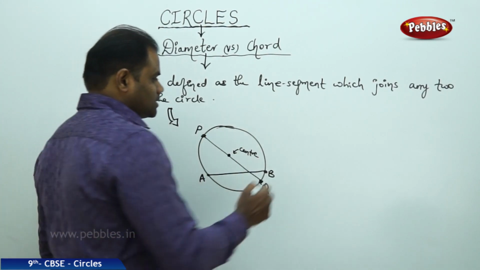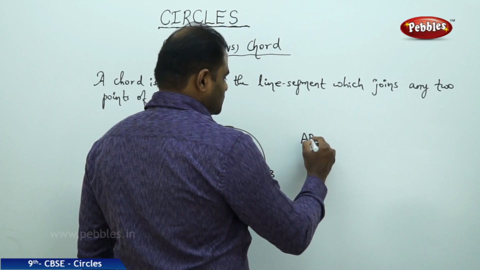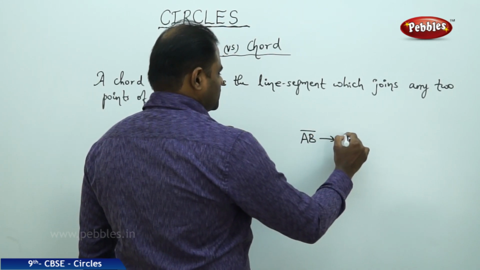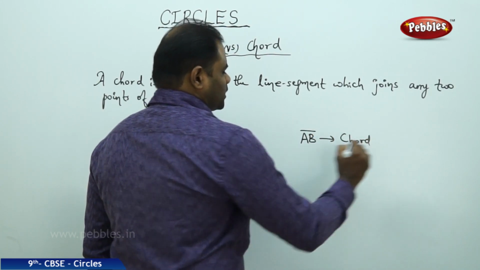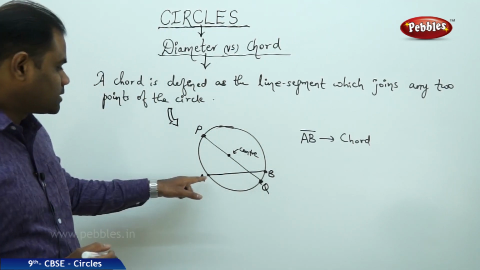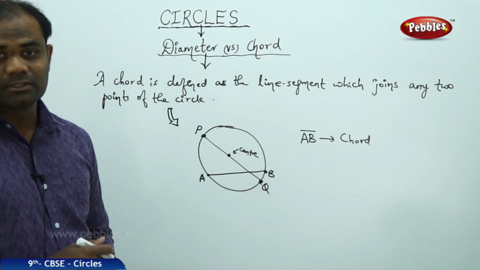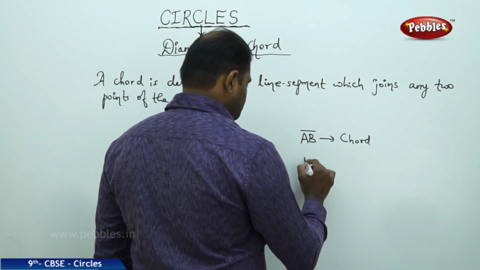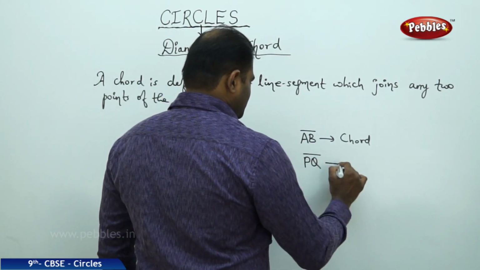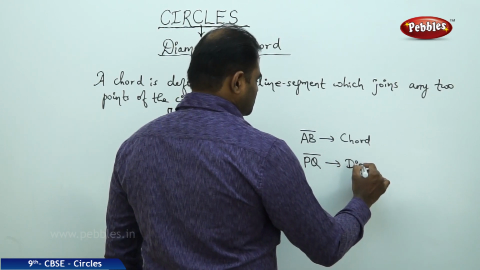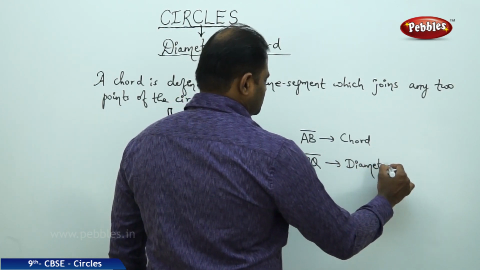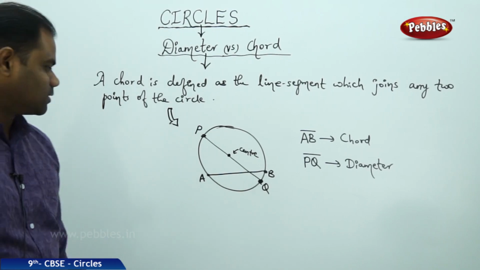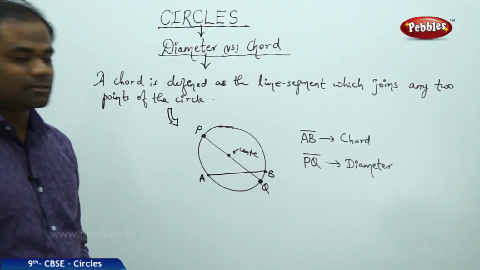So here I understand that AB is the chord but cannot be the diameter, because this line AB does not pass through the center, but the line PQ is the diameter, because it passes through the center.